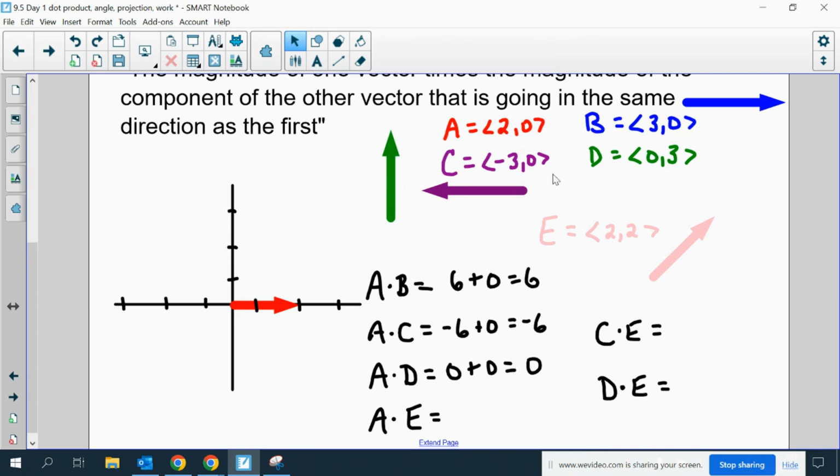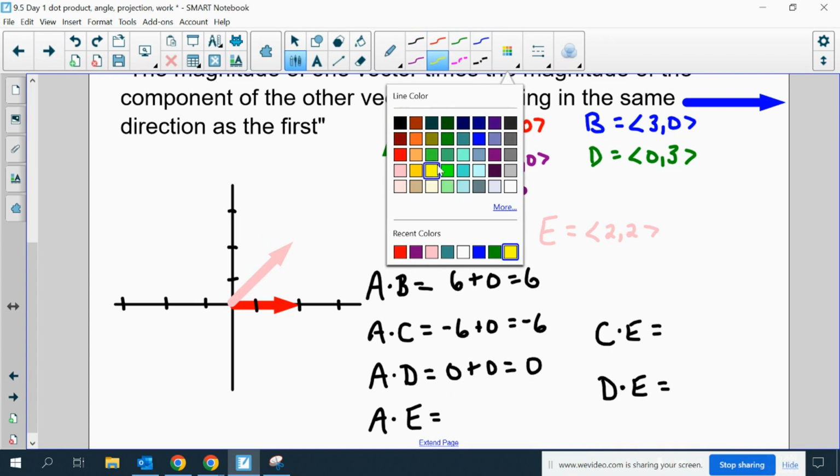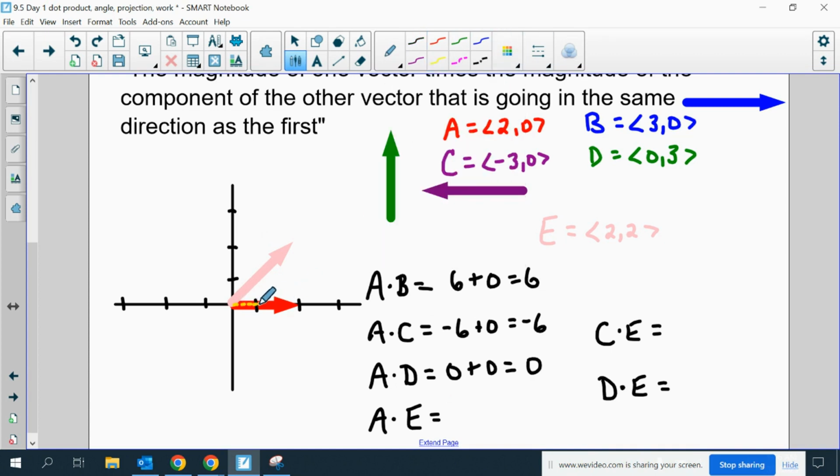Now what about if I have vectors that are going in different directions? So we have A dot E. Well, if I look at this pink one, what I see is if I break it into components, I would have a component of 2 going in the x direction and a component of 2 going in the y direction.